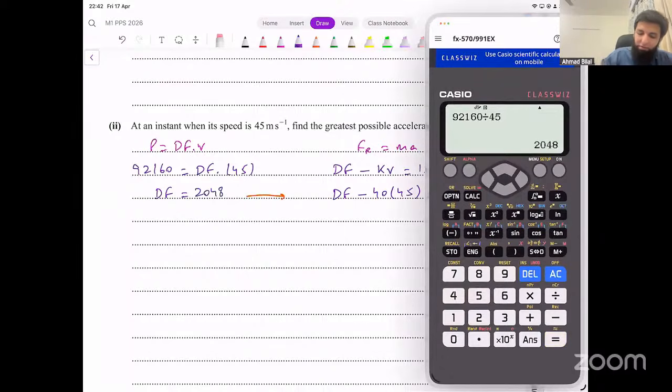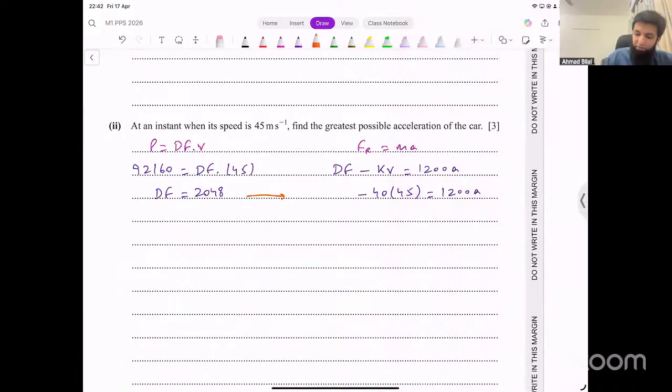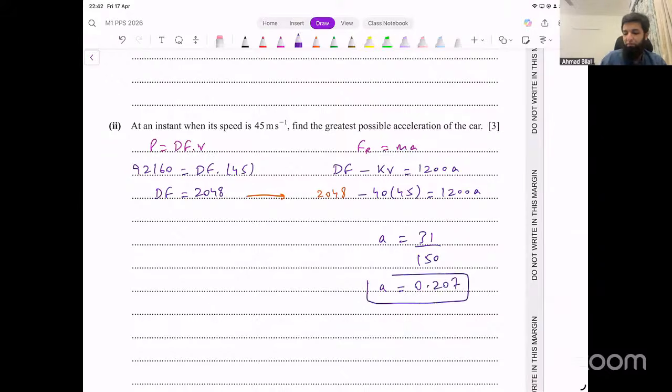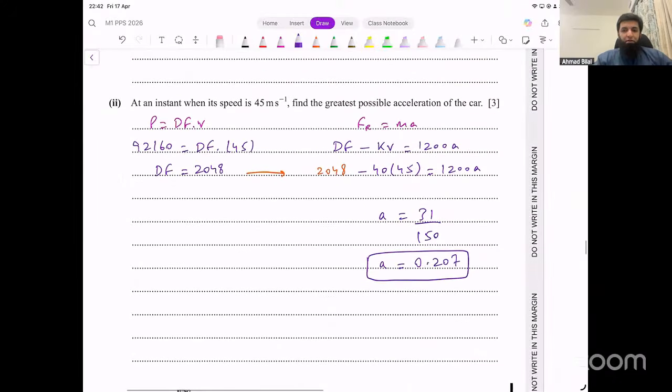Input that in the other equation, and now the other equation becomes 2048 minus this, and from that you can get the value for A. You can see what that turns out to be. 31 over 150. In decimals, that is 0.207. That's the final answer that we get.